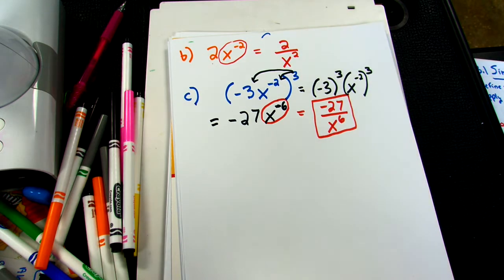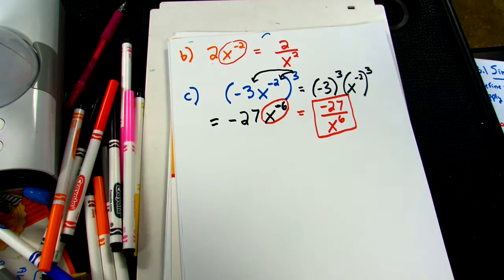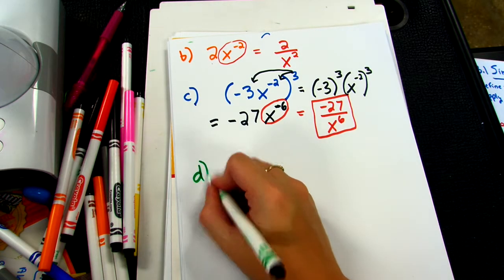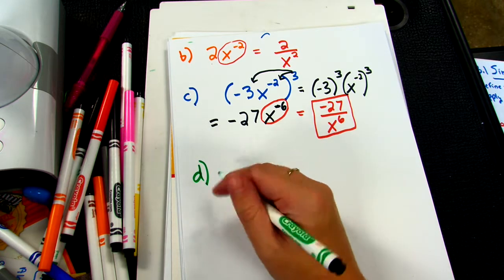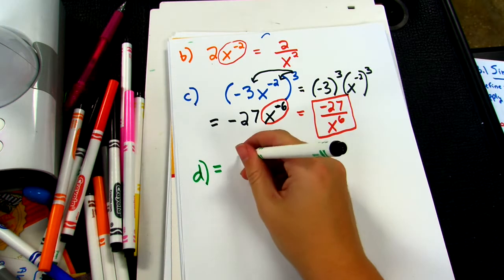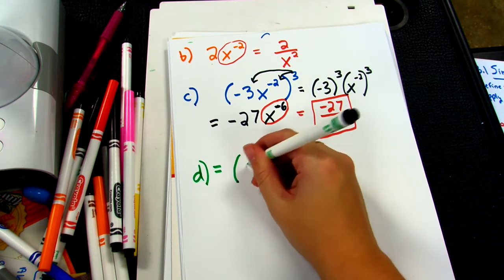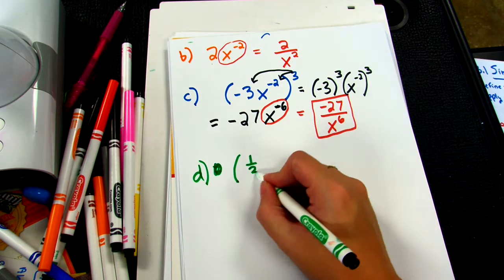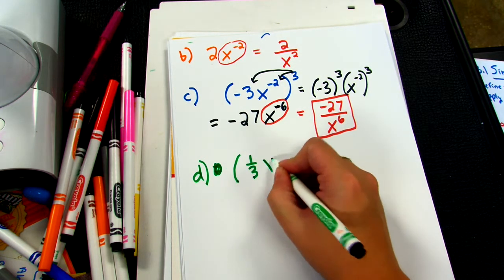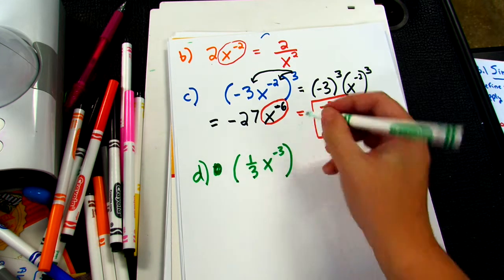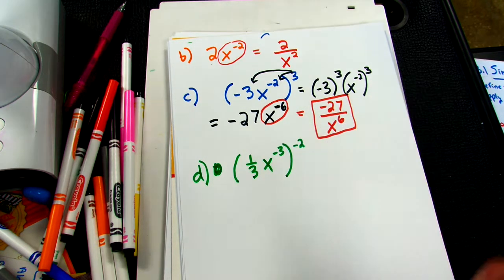All right, let's do another example. We have 1/3 x to the negative 3, to the negative second power.